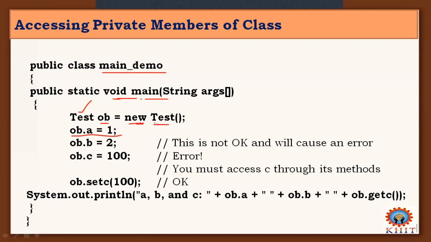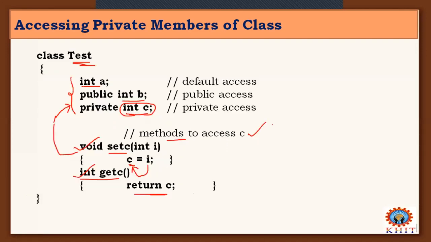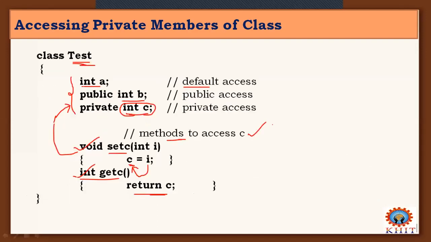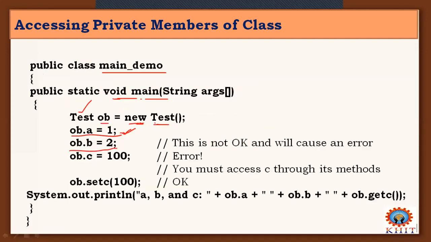Is it valid? a is the default access variable here, so it can be allowed. A default member can be treated as public in Java, so it is allowed to access here. It is a valid statement. And ob.b = 2. b is a public variable here with public access. As it is allowed, it is a valid statement.